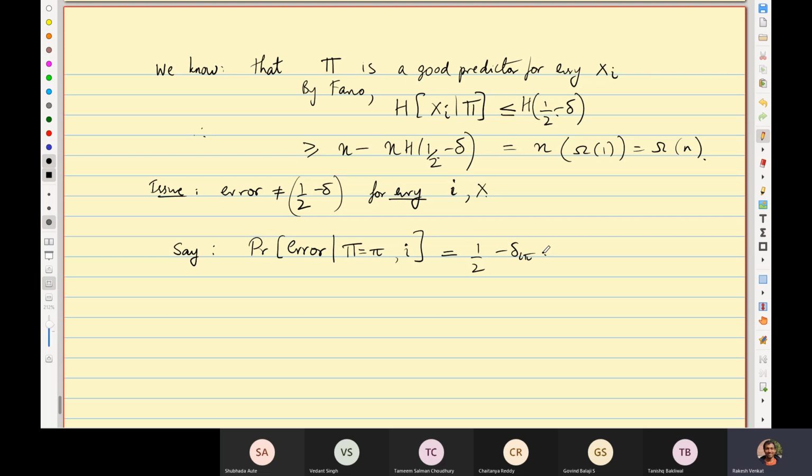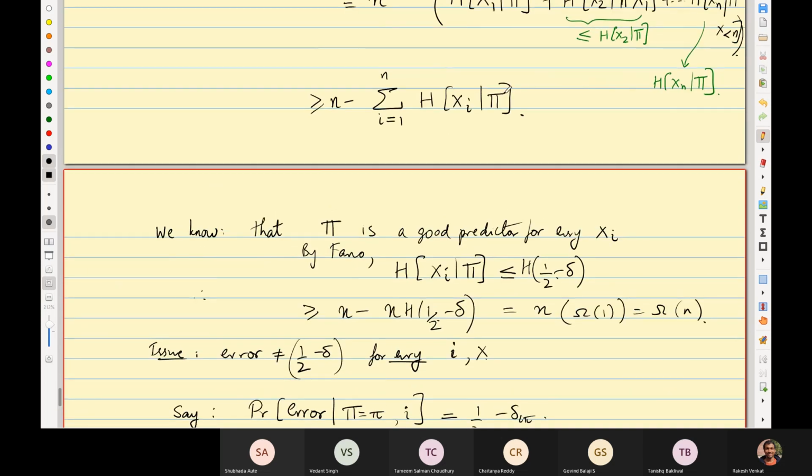But what we know is that the average is going to be half minus delta, where the expectation is over the input distribution, that is i and X, basically. So the only small thing that we need to do is to figure out how to apply Fano's inequality to each and then sum it up.